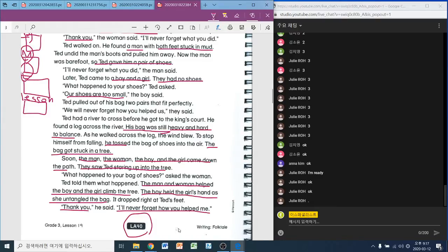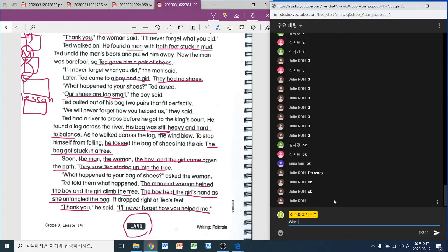Okay? So what is the lesson of this story, everybody? What is the lesson? You write the answer you learned from the story. What is the lesson of the story? You can write it down. What can we learn from the story?